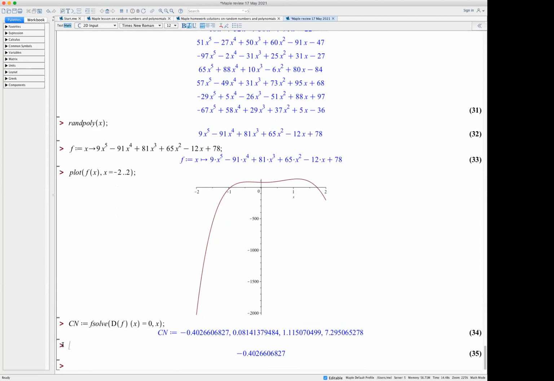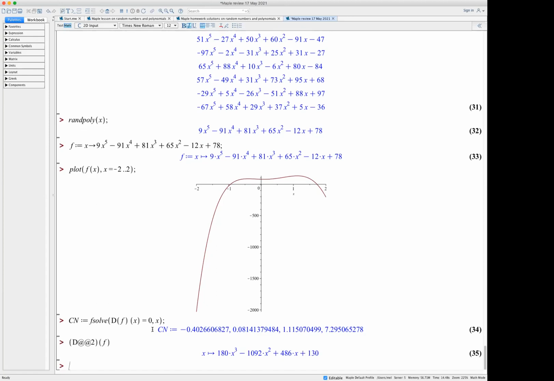how do we know if there's a maximum or minimum? Well, if you use the second derivative test, D at 2 of f, that's the second derivative, and I want to evaluate it at each of these 4 numbers. So let me just write a Maple loop that will do it all, for n from 1 to 4 do.